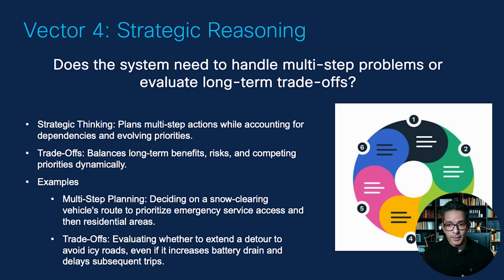So a short-term trade-off might be that a detour increases battery usage and delays the current trip, but a long-term trade-off is that it prevents potential accidents, ensures passenger safety, and avoids system damage from icy terrain, right? So it has to consider all of those factors. Deterministic systems might follow pre-programmed rules for detours as well, but fail to evaluate the nuanced balance between immediate and long-term impacts.